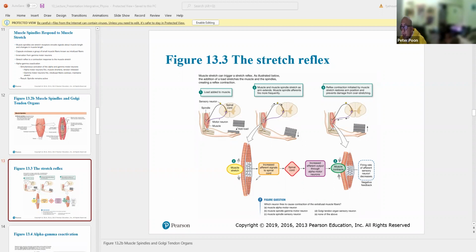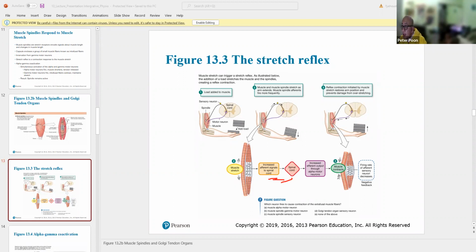When the muscle stretches, there is increased signaling of the intrafusal fibers, and the intrafusal fibers send signals to the spinal cord, and that causes the alpha motor neurons and the gamma motor neurons to fire.